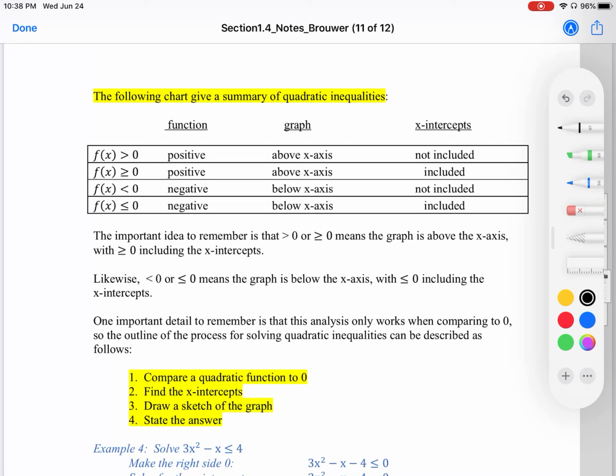So whenever it's greater than, you're looking for numbers that are above the x-axis, but they extend from left to right. When it is less than, you're looking for the numbers that would be below the x-axis. But again, we read them from left to right because we're considering the x values.